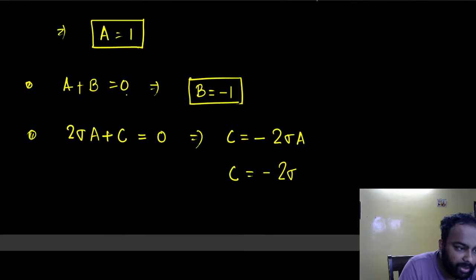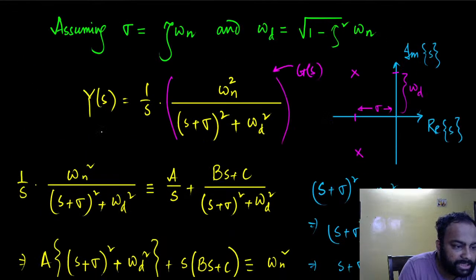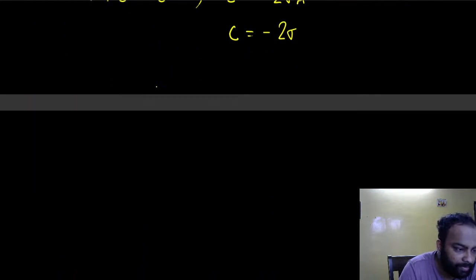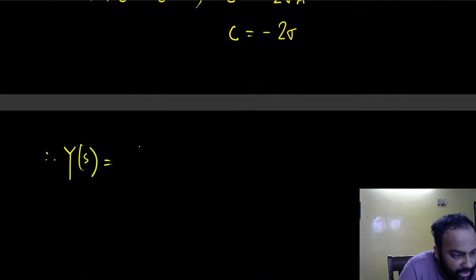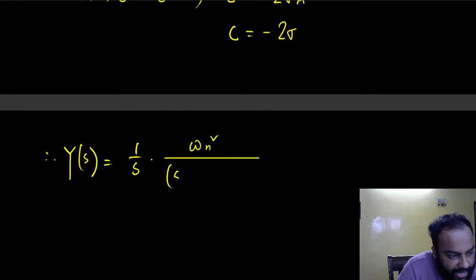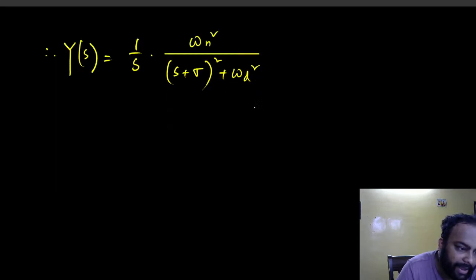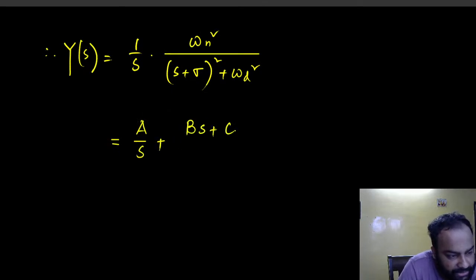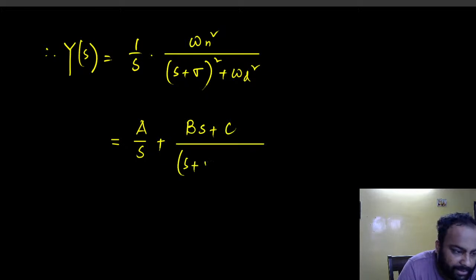As I was saying, this was the partial fraction expansion of this thing. So let's pull it here. Y of s, which is equal to 1 by s multiplied by omega n square divided by s plus sigma whole square plus omega d square, could have been written as A by s plus Bs plus C divided by s plus sigma whole square plus omega d square.